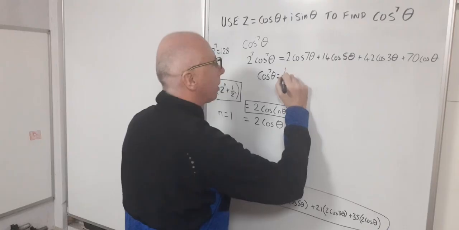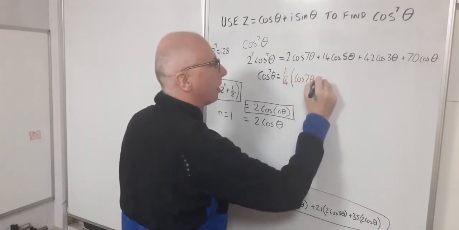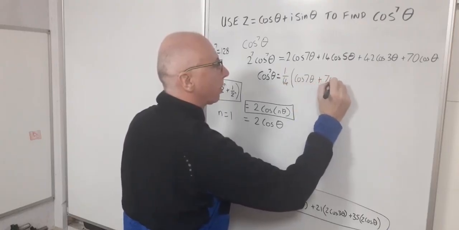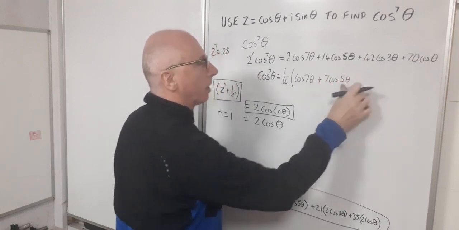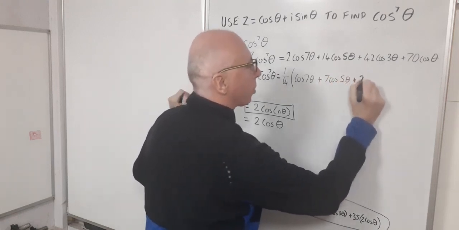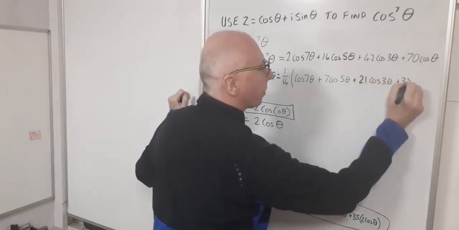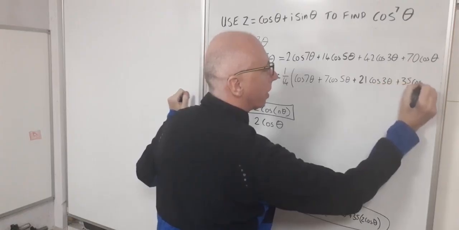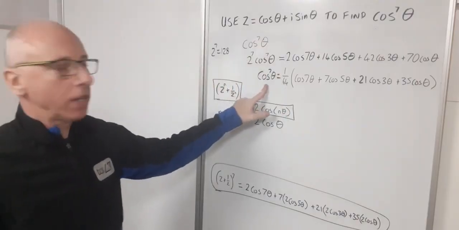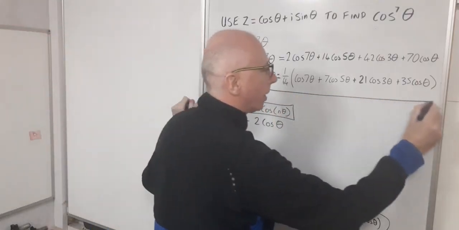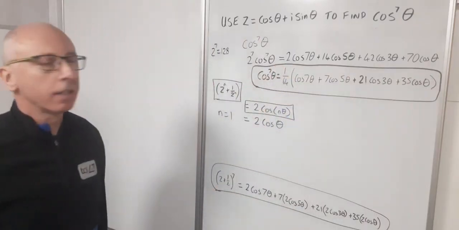I'll have 1 over 64, and then I'll have cosine 7 theta plus 7 cosine 5 theta, plus 21 cosine of 3 theta plus 35 cosine theta. And that will be my cosine to the power of 7 theta. And that takes care of our answer using complex analysis.